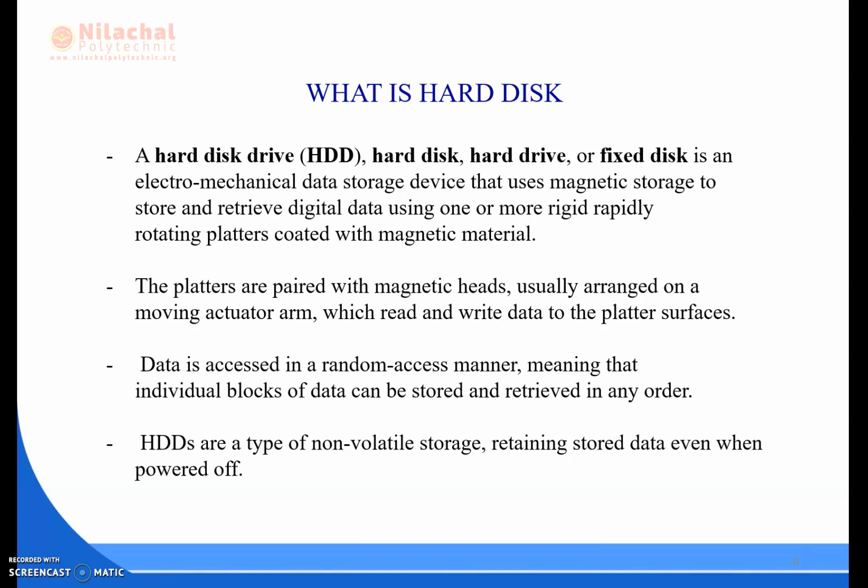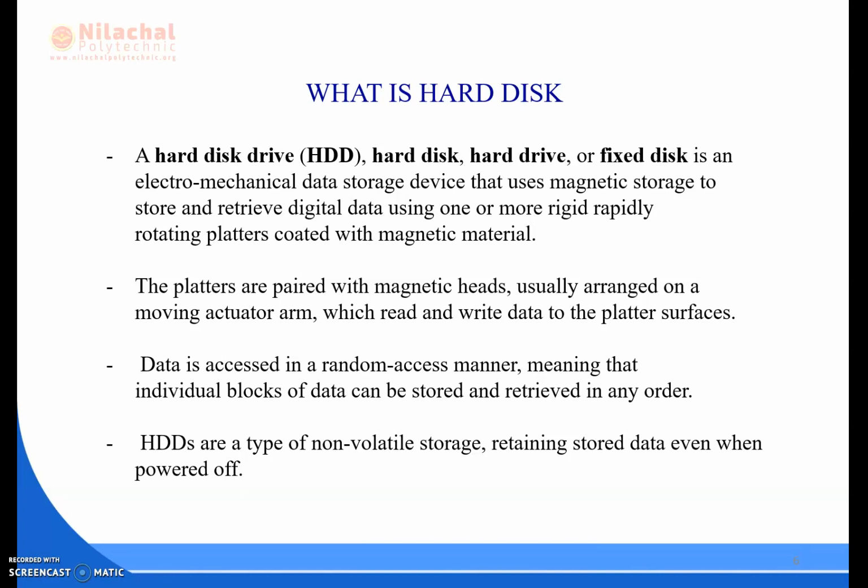The platter is the base. If you have seen a hard disk, there are some sets of platters in it, made of magnetic coated material, which rotate so that data on them can be read or written.